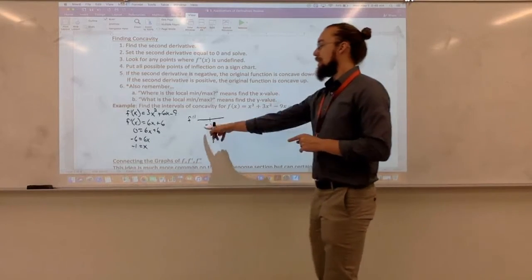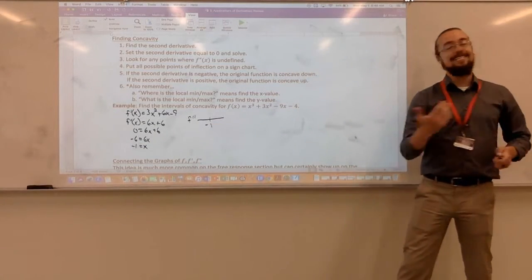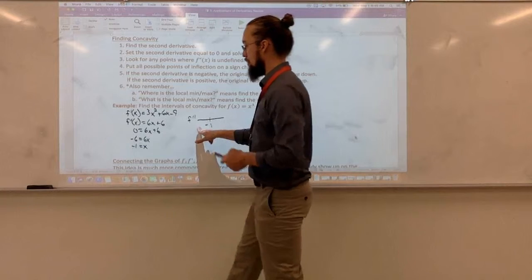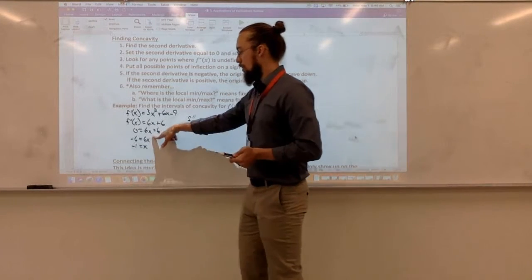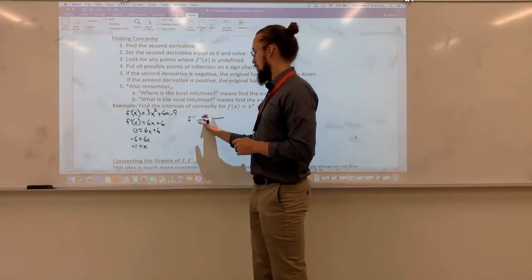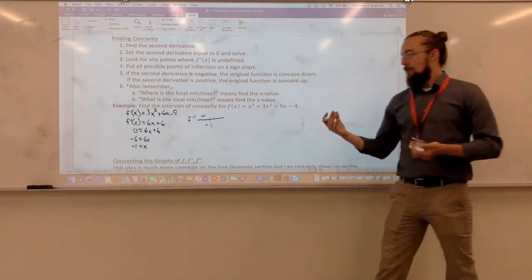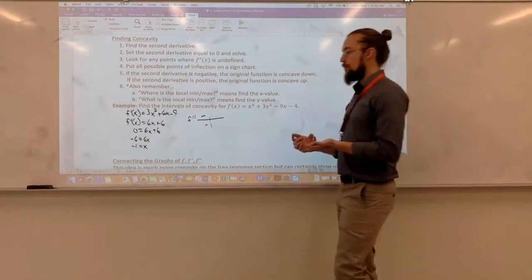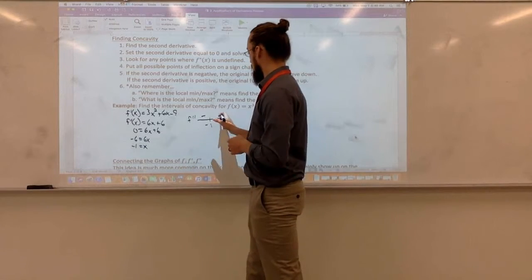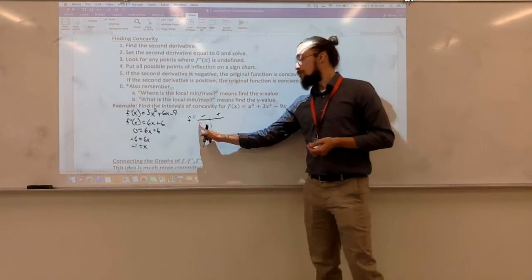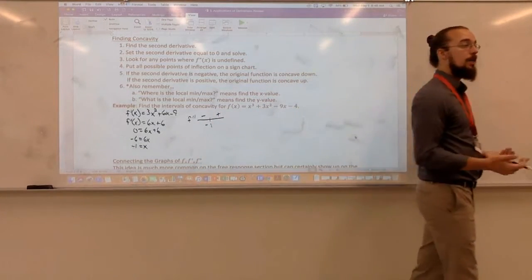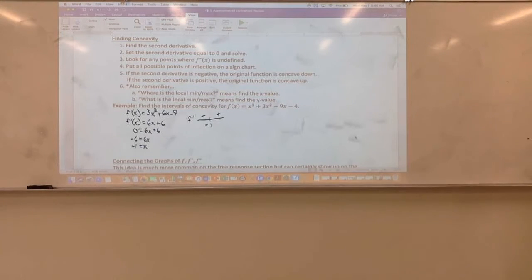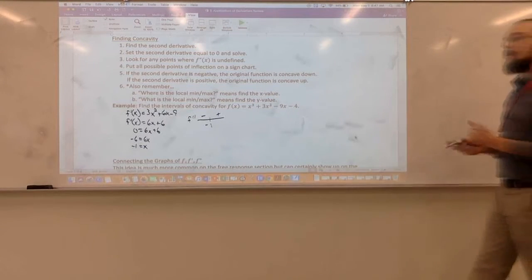And plug a value on either side of negative 1 into the second derivative. So if I take negative 2 and plug it in here, I would get a negative value. If I plug in a value greater than negative 1, say 0, I would get a positive value. So since I change sign, that means negative 1 is a point of inflection. Okay.